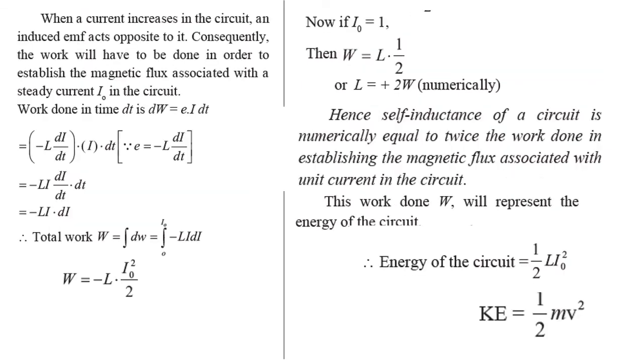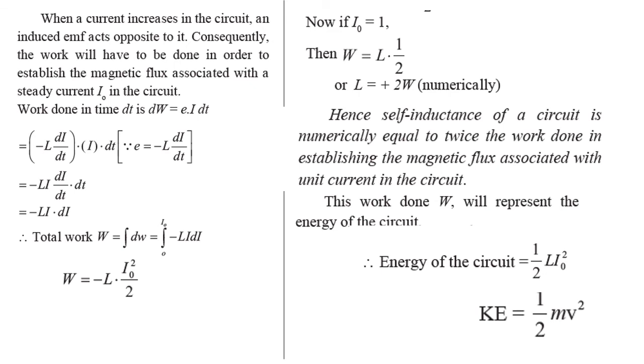When the current increases in the circuit, an induced EMF acts opposite to it. Consequently, work will have to be done in order to establish the magnetic flux associated with the steady current I0 in the circuit. Therefore, the work done in time dt can be written as E I dt.